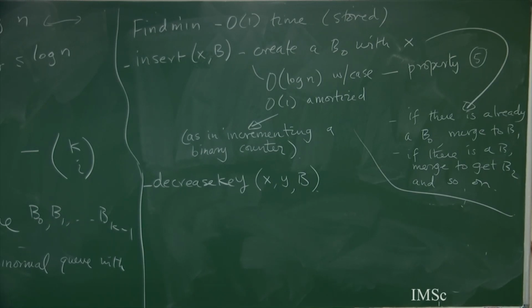How would you do it? You can, it's just a local restructuring in the same tree, just like you would do in a binary heap. It works here because n doesn't change. The number of values remains the same; one particular value is decreased. So compare it with its parent or children and do your fixes in log n time, because the height of any tree in a binomial heap on n nodes is log n. It takes time proportional to the height of the tree.